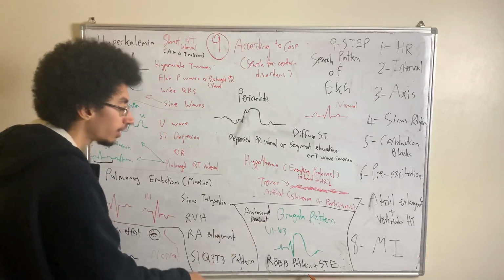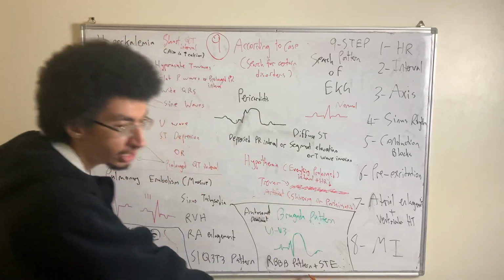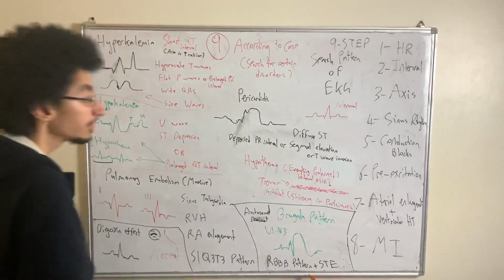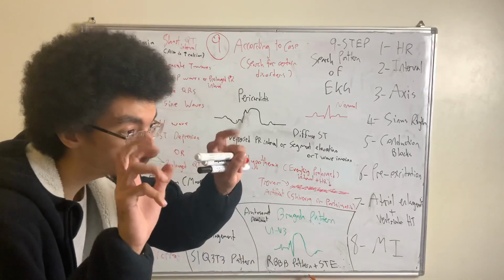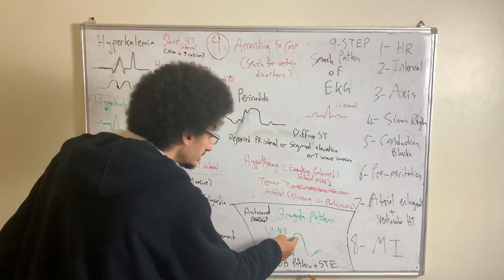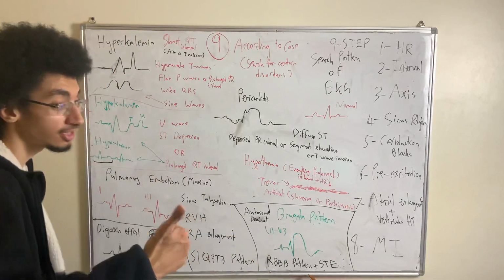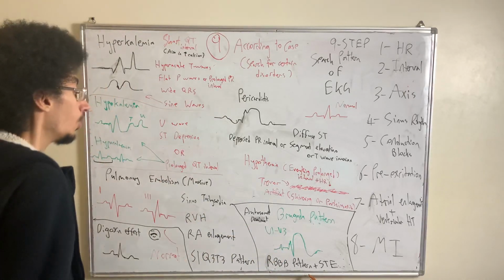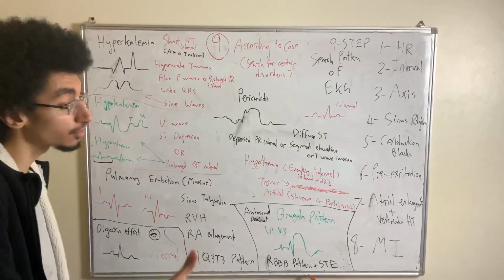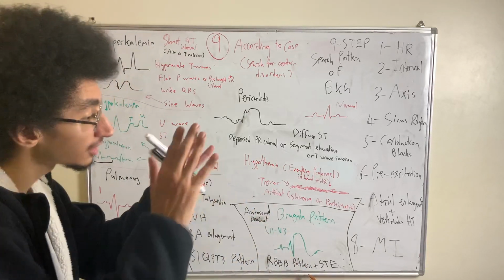The R wave is tall toward the opposite way. You might find what looks like a widened QRS, but in reality, this is an elevated ST segment. So you might find something that resembles a bundle branch block, but it's not exactly.